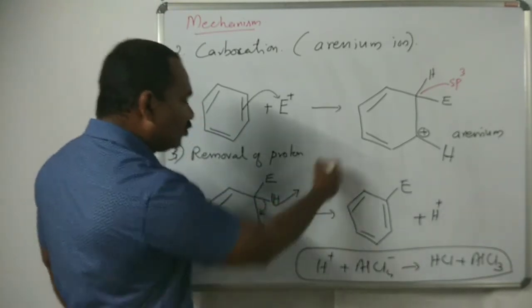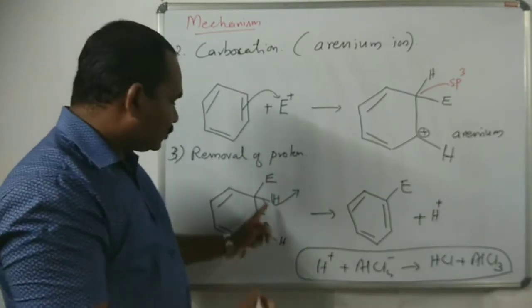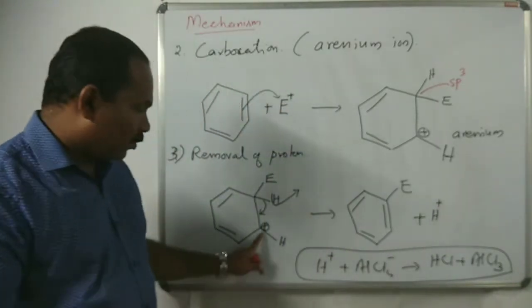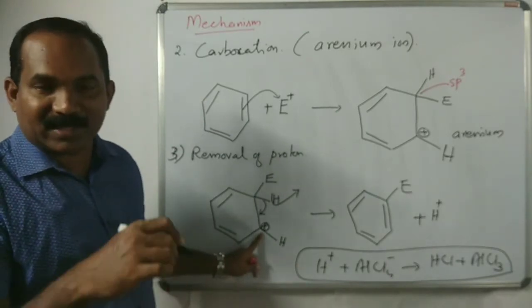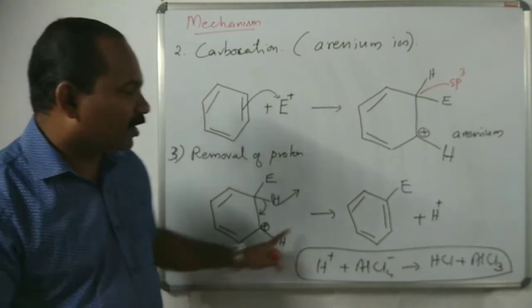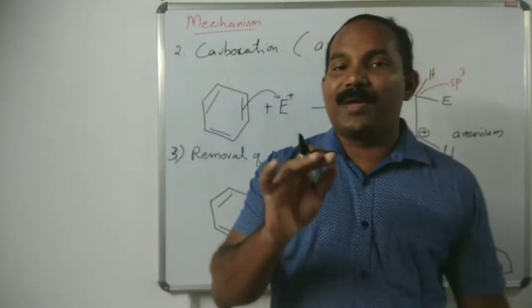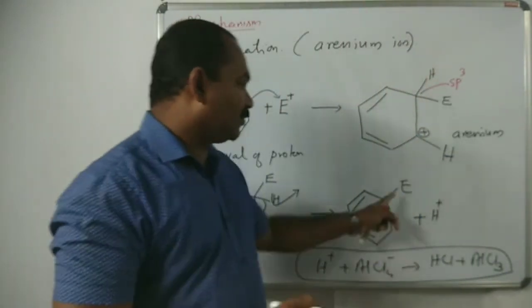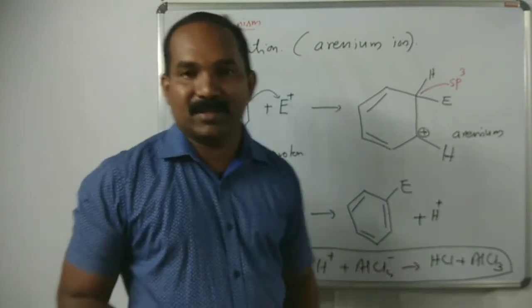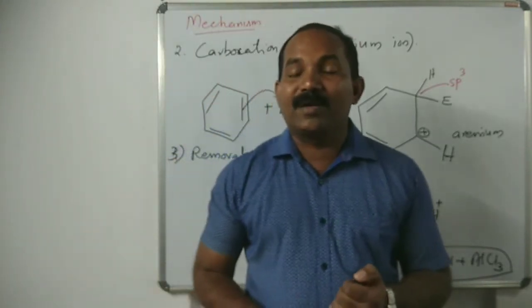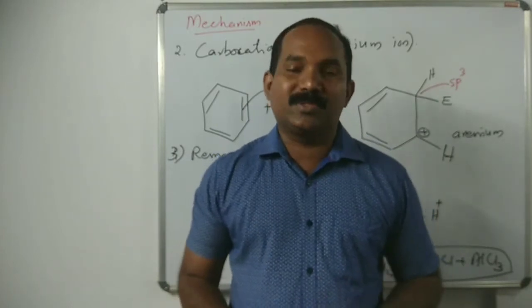Okay, it is removed as H plus. So that electron is added to the positive carbon, that is the carbocation carbon, and finally we get the substituted benzene. Okay, electrophilic substituted benzene. So that's about the mechanism of electrophilic substitution.